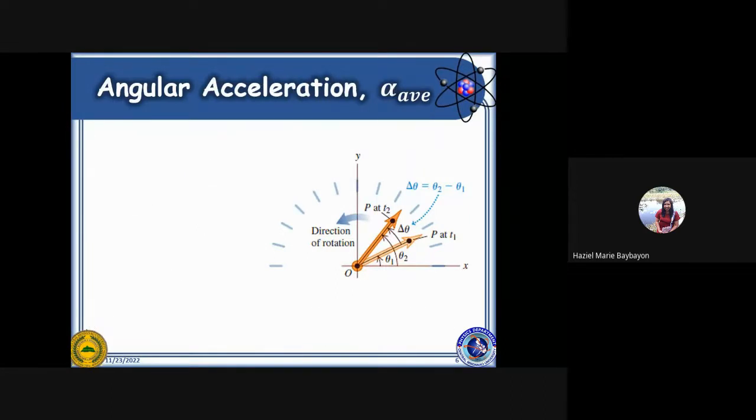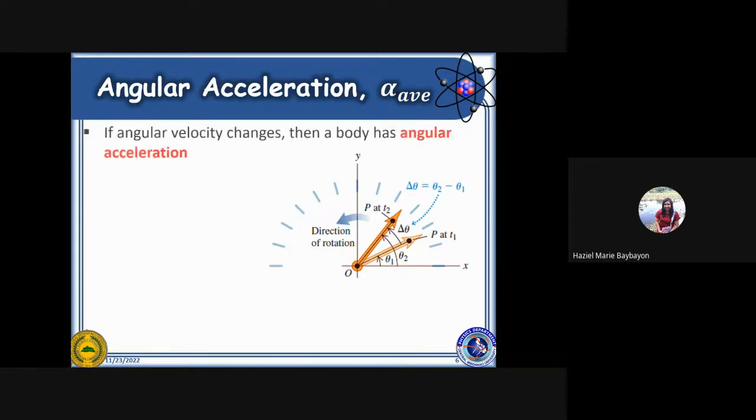And for the angular acceleration, it is the ratio of the change in velocity with respect to time. Okay, so kung mag-change as it moves, diri a class, kung dili constant ang velocity, then naay angular acceleration ang imo ang rigid body.